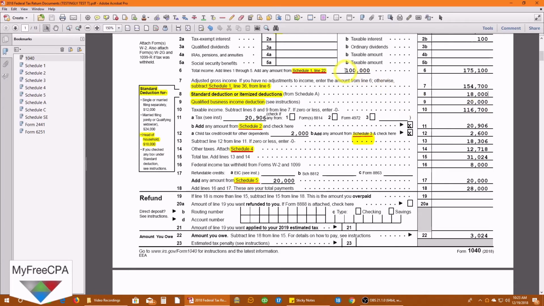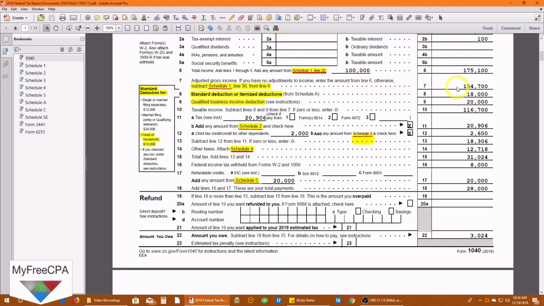So what'll typically happen is you're going to get 20% of your LLC income, your Schedule C income, which is in this case $100,000. So on the $100,000, you're going to get a $20,000 deduction, 20%. I left that at 100 to be easy, so you could see it's 20% of that Schedule C number.